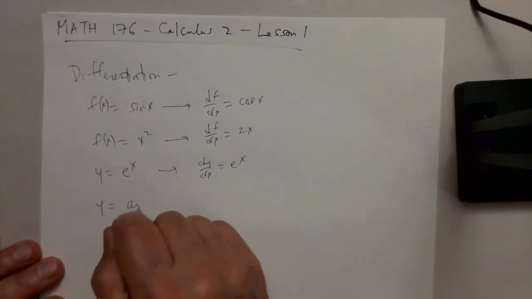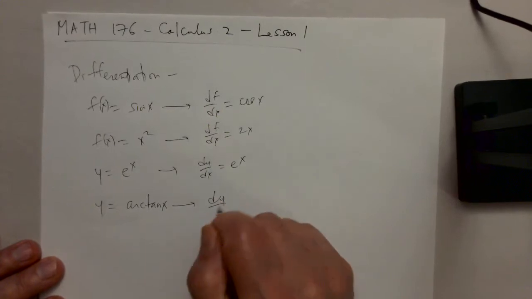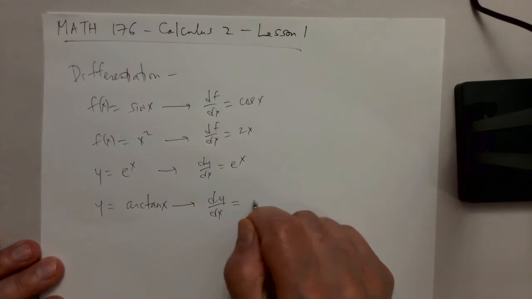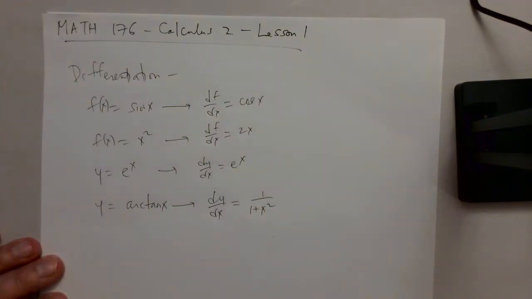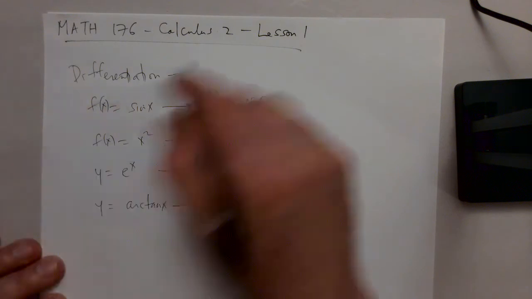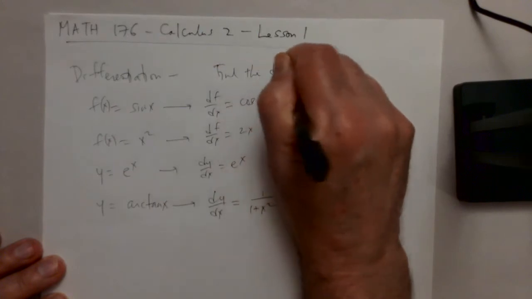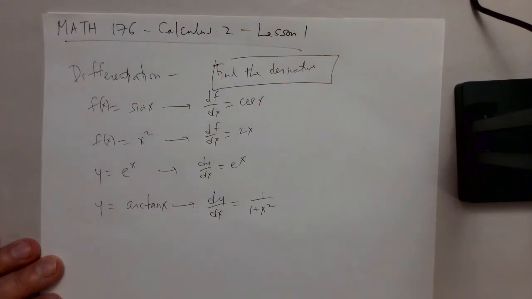If y is arctangent of x, dy dx is 1 over 1 plus x squared. And a great deal of what you learn in Math 175 is how to differentiate a function, or how to find the derivative.